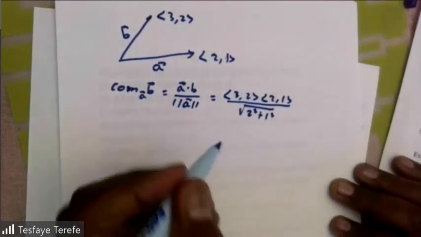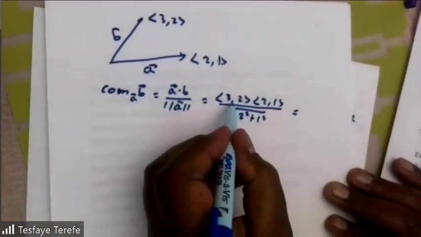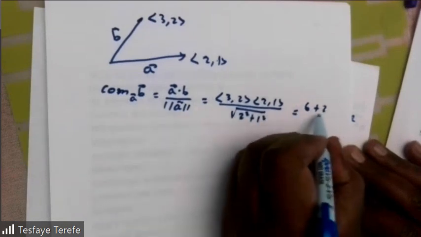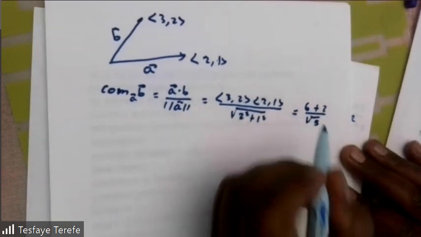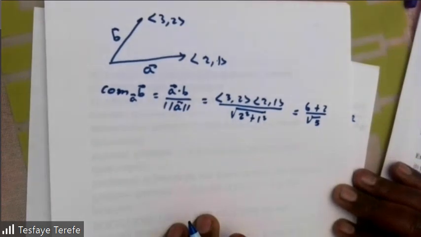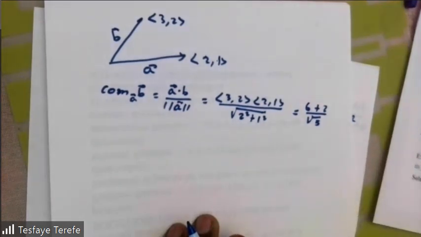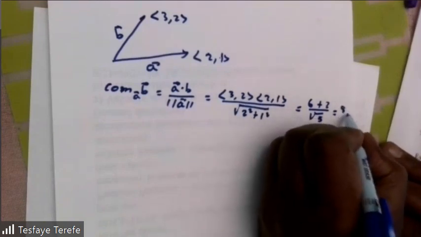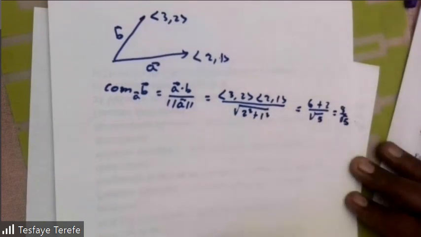All right, and this will give me 2 times 3 is 6, plus 2, over square root of 5. As you know, this is actually 8 over square root of 5.